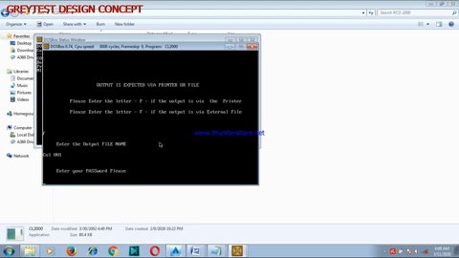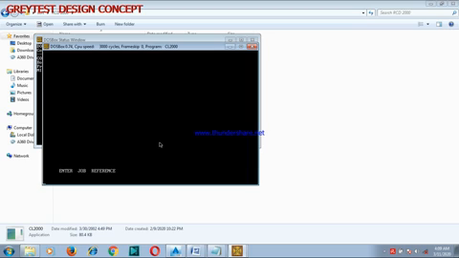Password, no password. Job reference, engineer J.